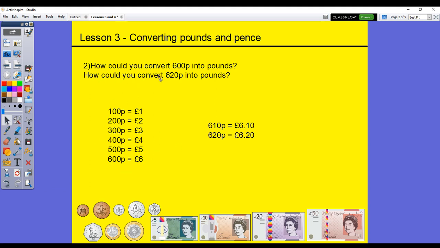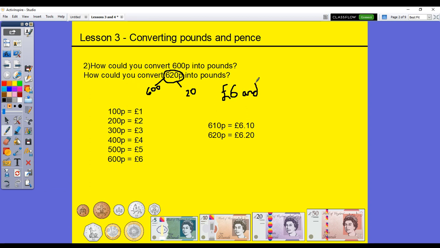So converting 620p into pounds, we can partition the 620 into 600 and then we have 20p. We know that 600 is £6, and so you'll have £6, pound sign, and 20p.